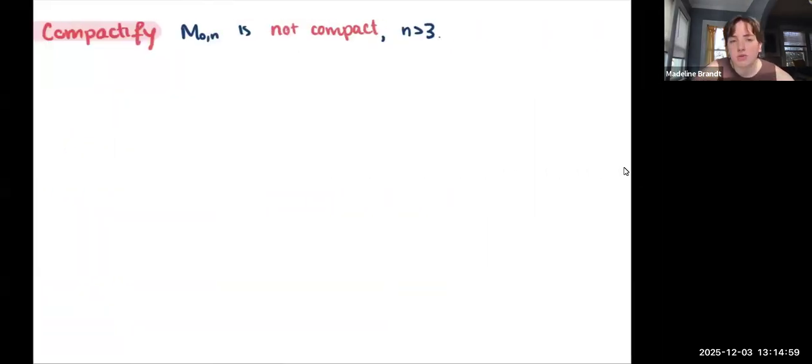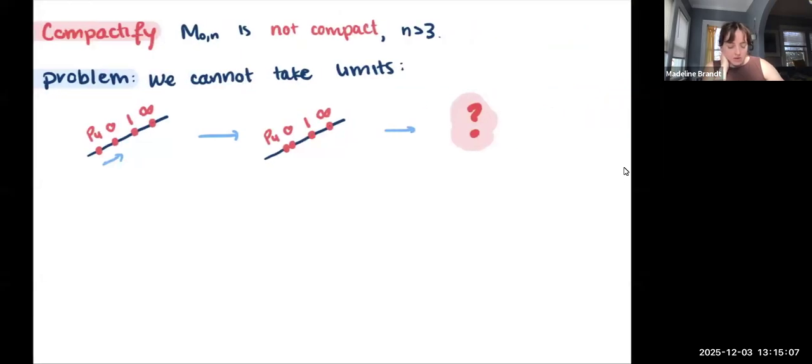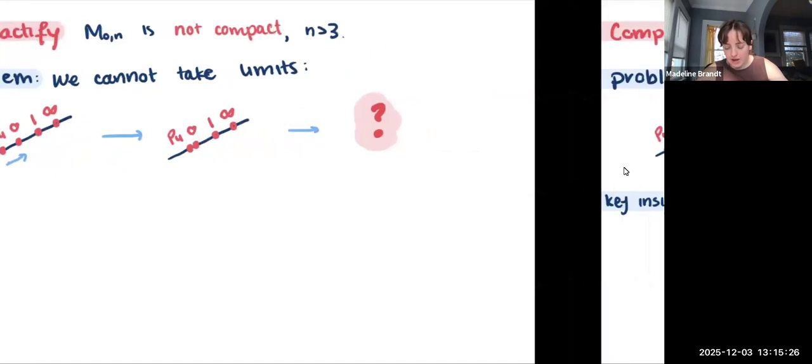Okay, so as we were just remarking, M0n is not compact for n greater than 3. So the problem is we can't take limits, right? If I have a 4 marked P1 and I start sending the fourth point towards 0, there's nothing right now in our space that's in that limit.